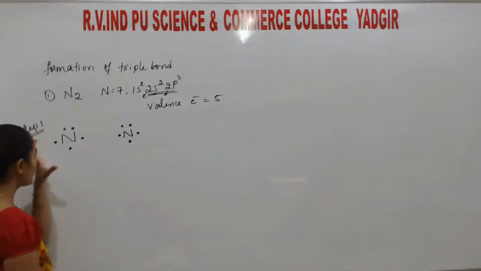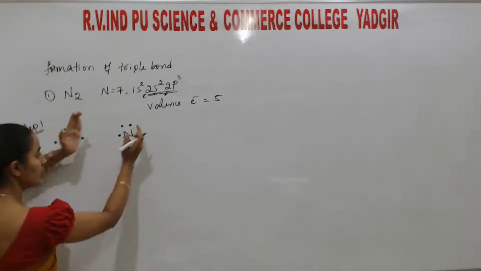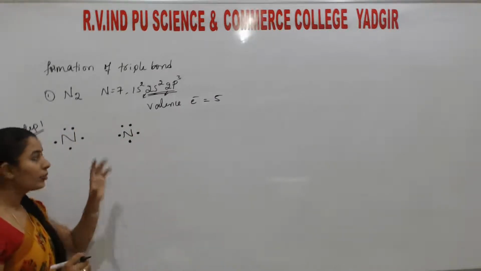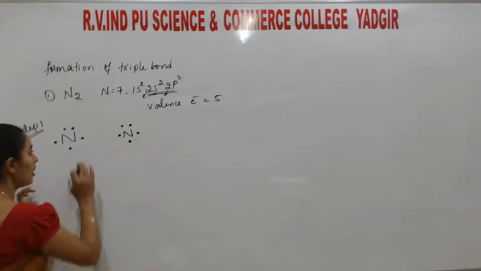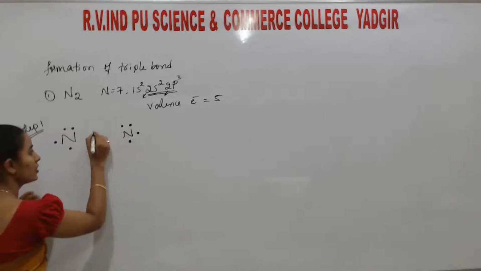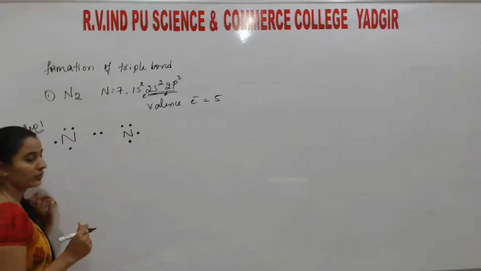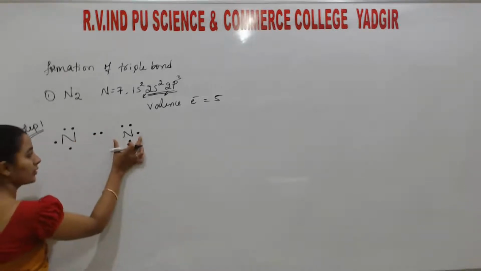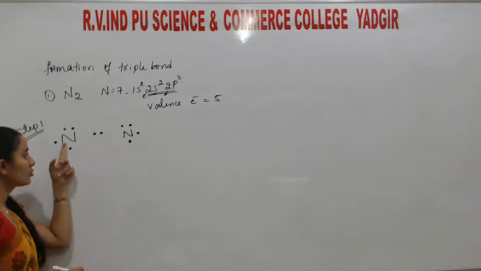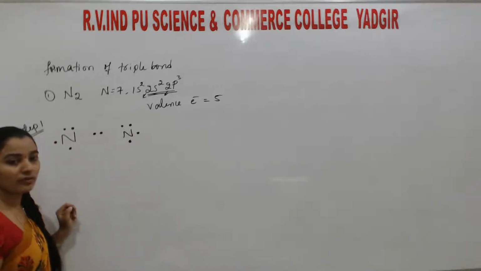So what happened in step 1? Listen, here alone nitrogen has 5 electrons, and here alone nitrogen has 5 electrons. We need to make a bond to attain an 8 electron system. So one electron from this nitrogen and another electron from this nitrogen form a bond here. This electron belongs to this nitrogen and this electron also belongs to this nitrogen when they together form a bond.